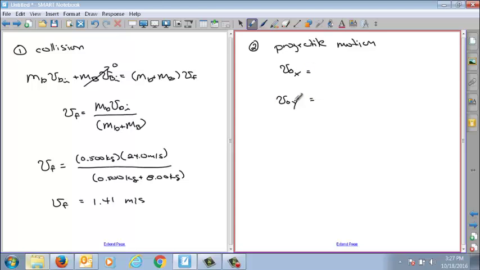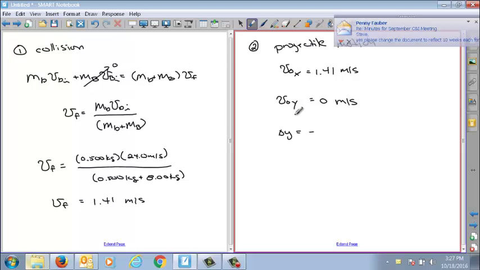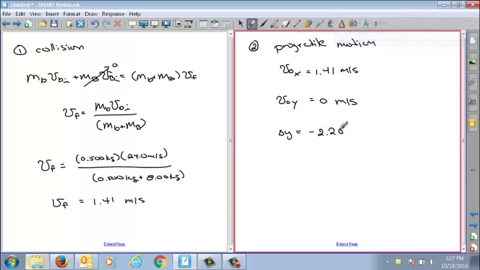Because it's on a level table, there is not going to be any initial y velocity, and the x velocity is 1.41 meters per second. We have delta y equal to negative 2.2 meters, and the acceleration in the y direction is negative 9.8 meters per second squared.